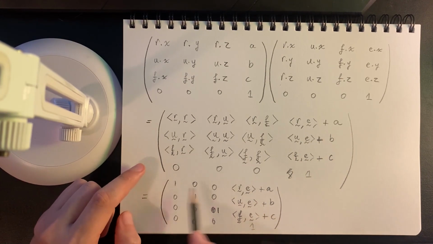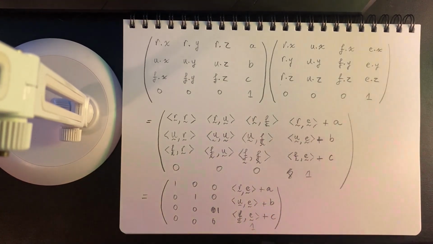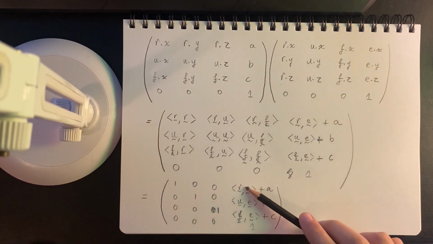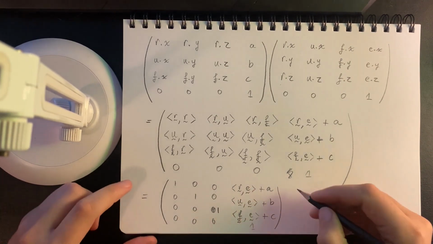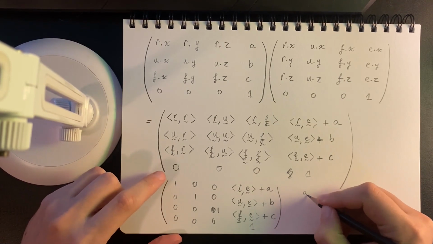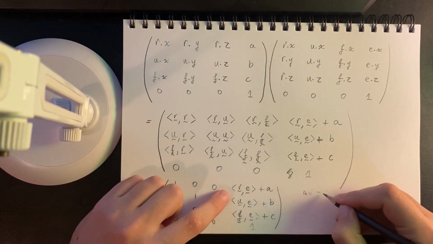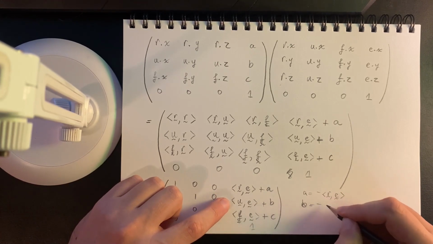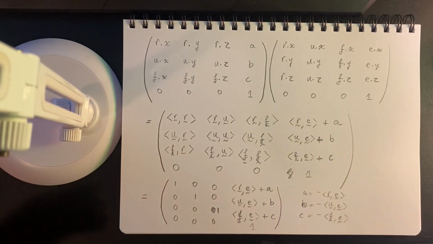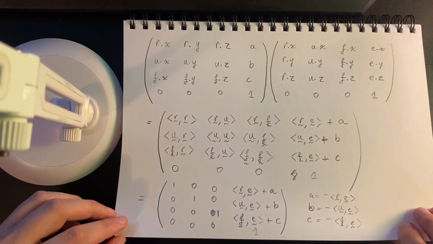But we do know that we want to produce the identity at the end. In other words, we want these three components to be 0, and so we can choose that A will be the negative dot product, and same with B and C. There we have it.